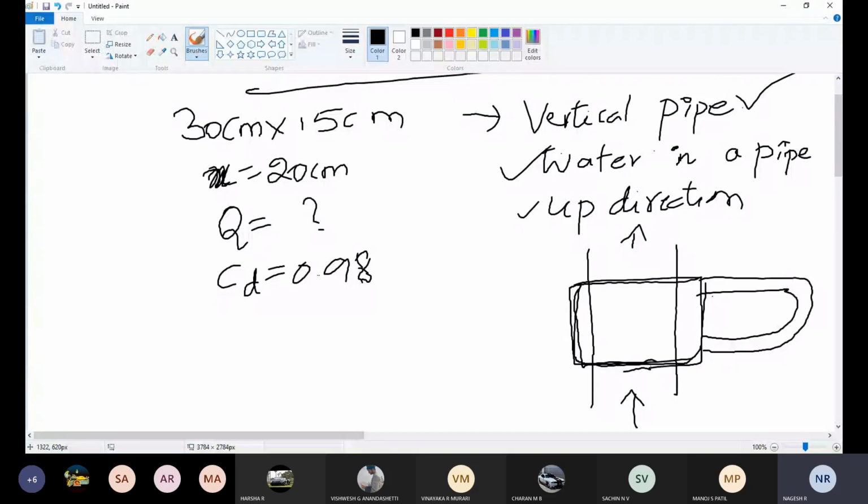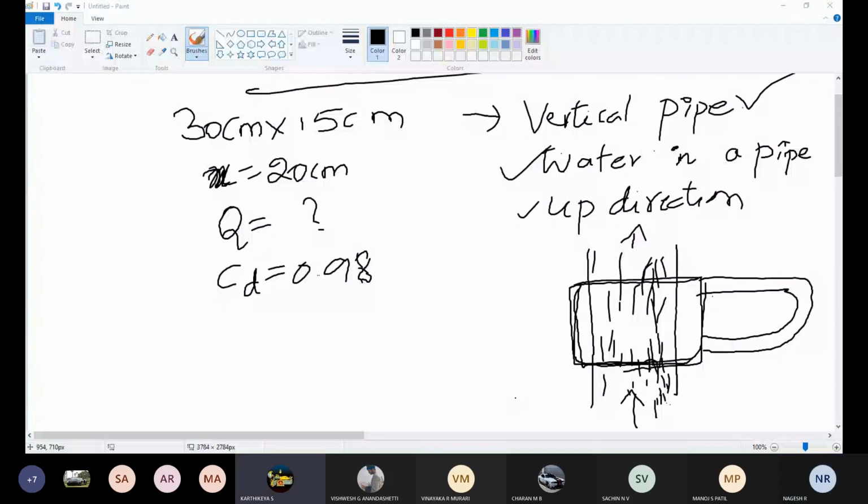So is it considered as the heavier liquid or lighter liquid formula? Lighter liquid formula? Any other answer?